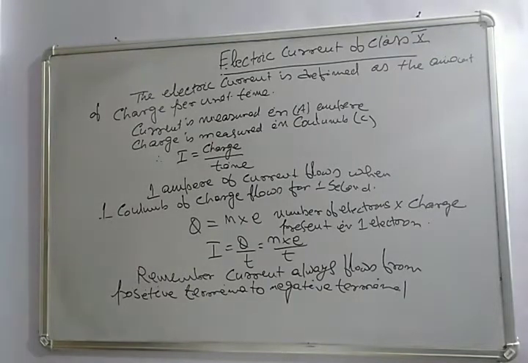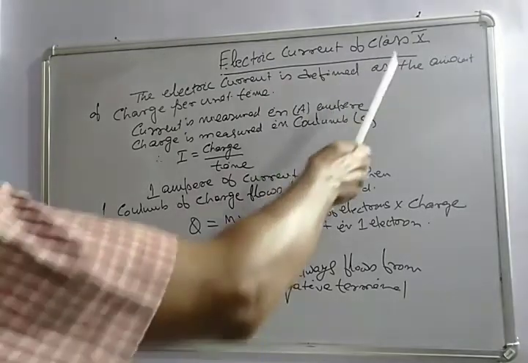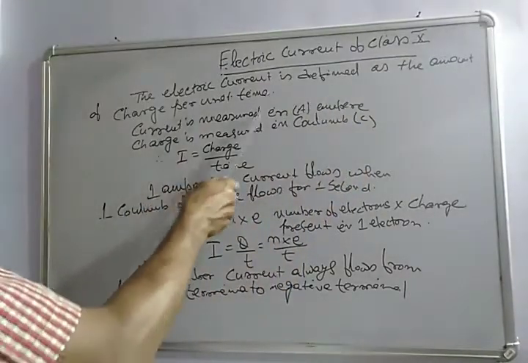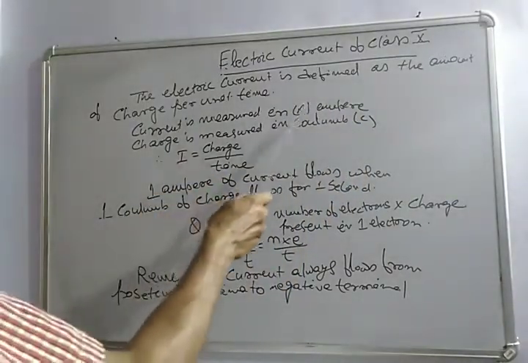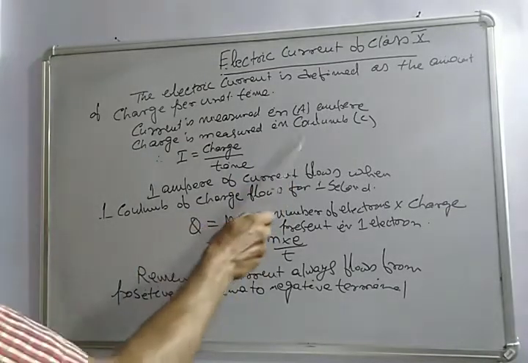So always remember, again I am repeating, electric current is defined as the amount of charge per unit time. Current is measured in ampere and charge is measured in coulomb.